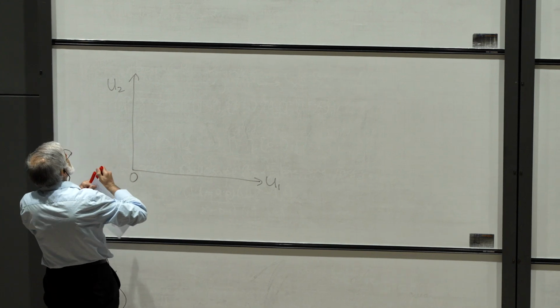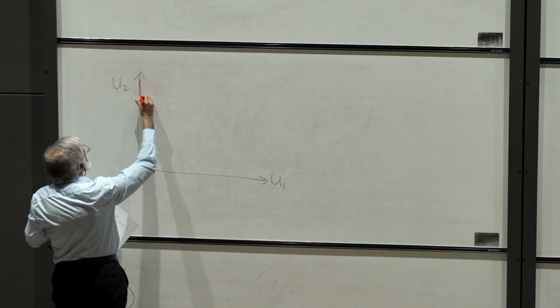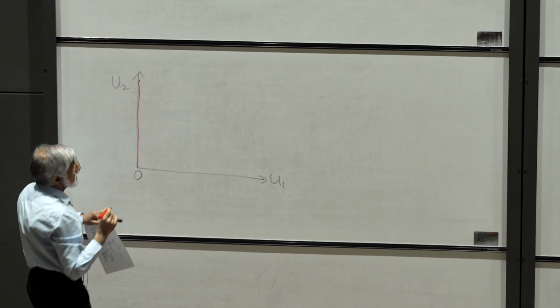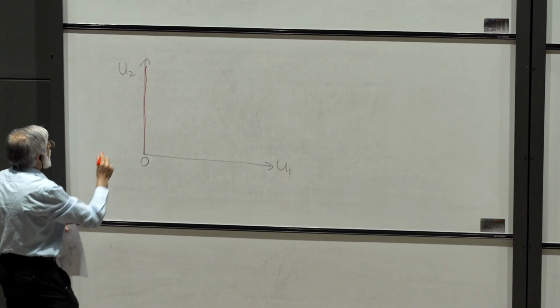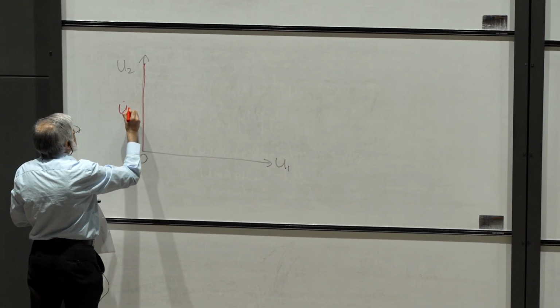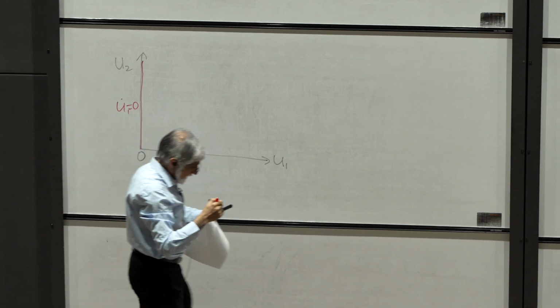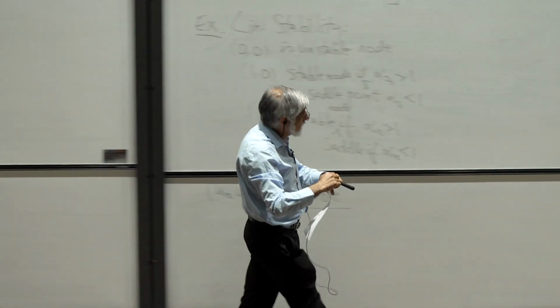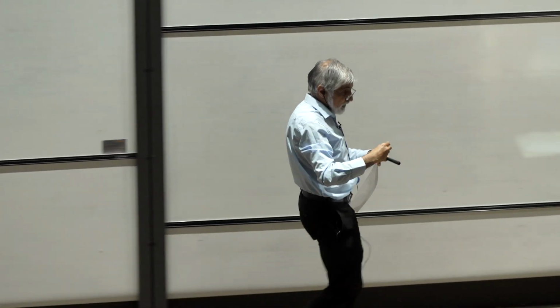So U1 equal to 0, that's U1 dot equal to 0. And U2 equal to 0 is for the other one.